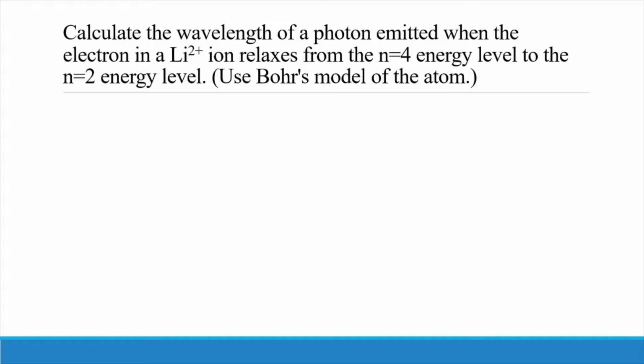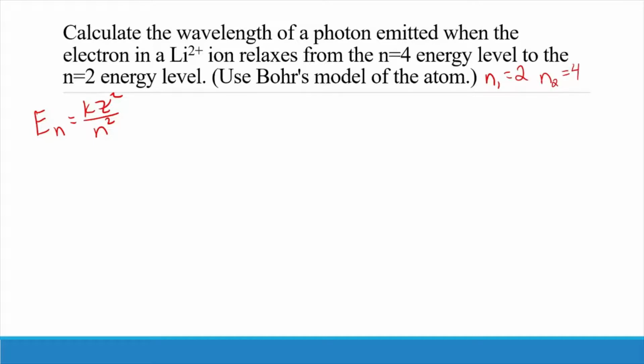So this is where we're told the equation E_n is equal to kZ squared divided by n squared. So we need to use this equation. We have two n's. We have n1 equal to 2 and n2 equal to 4.